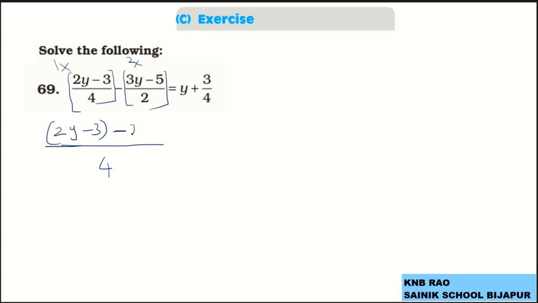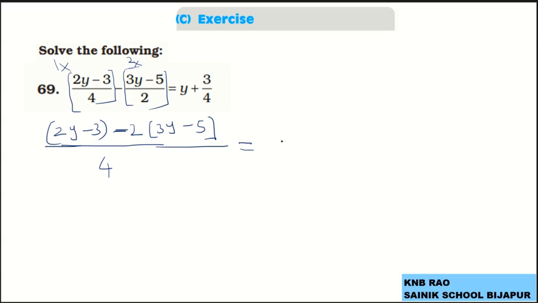So I will take minus 2 times this 3y minus 5. Here minus 1 won't be multiplied; instead 3y minus 5 will be multiplied by minus 2, which is this 2 that comes here.